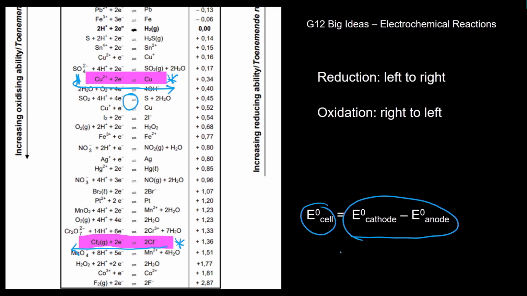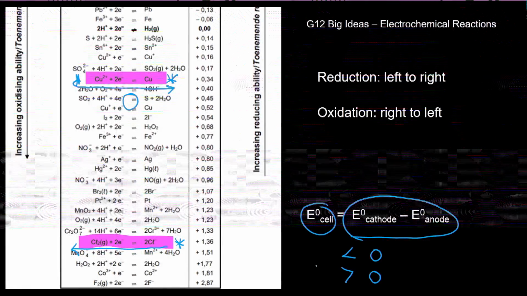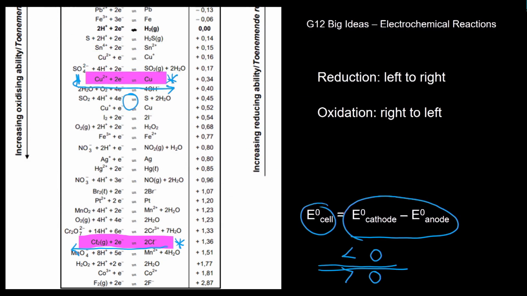If this is a negative value, it is going to be non-spontaneous. If it is greater than 0, if it is positive, it's going to be a spontaneous redox reaction. So this particular example that we're doing now for the electrolytic cell has to be a non-spontaneous reaction. We have got a battery on the outside in the external circuit, and so its E0 cell value is going to be less than 0.